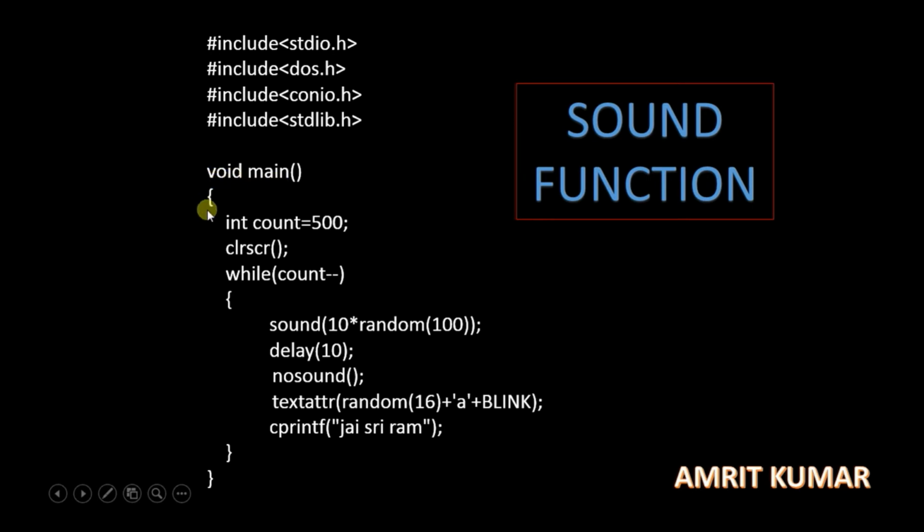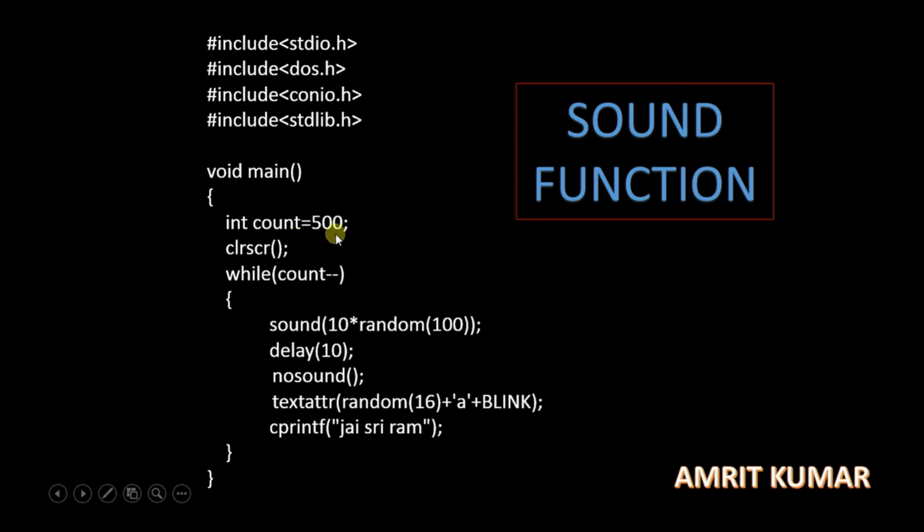After the opening of the main function, I am initializing a variable count of integer data type and storing 500 in it. Then I am using the function clrscr, whose work is to clear the screen. Then I am using a while loop in which I use the postfix decrement operator.